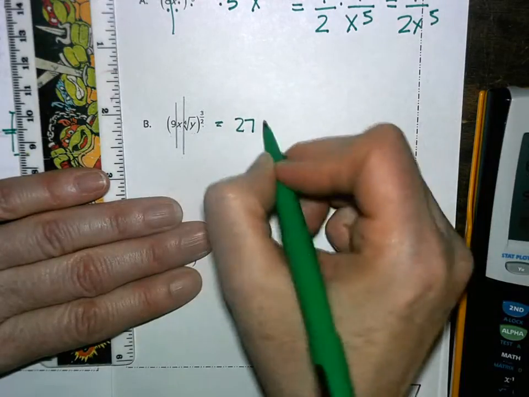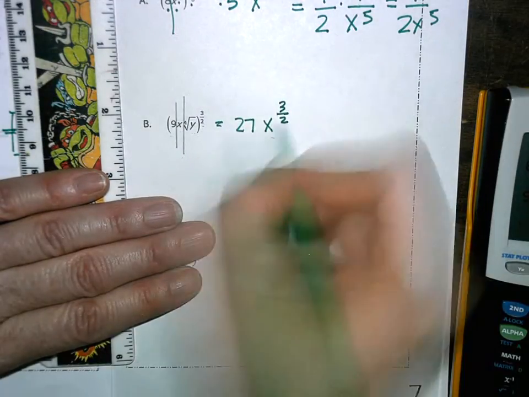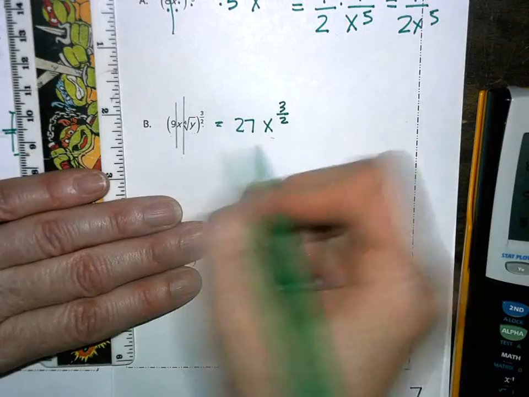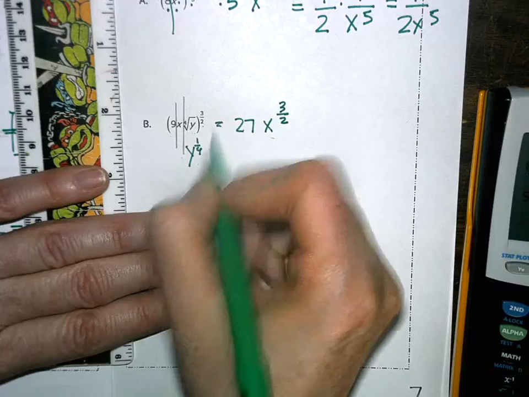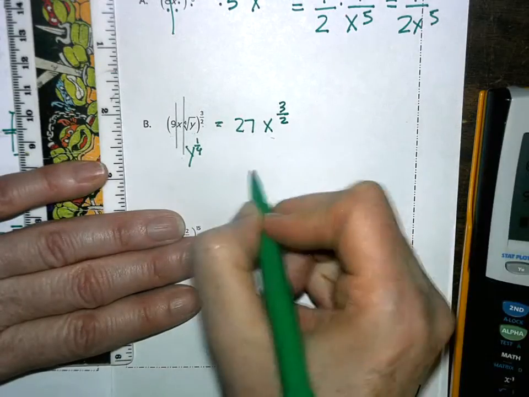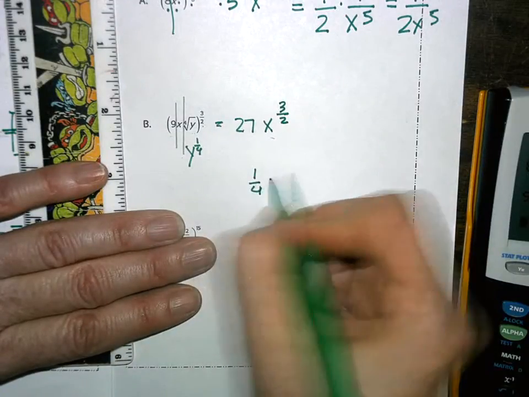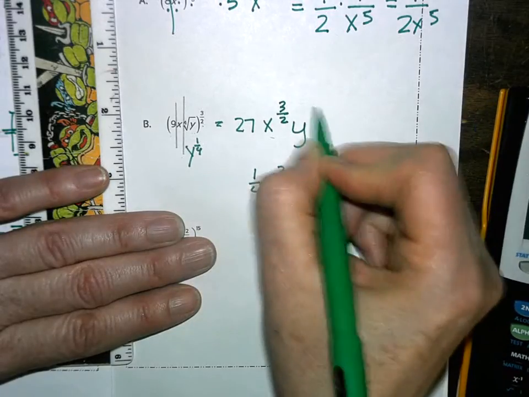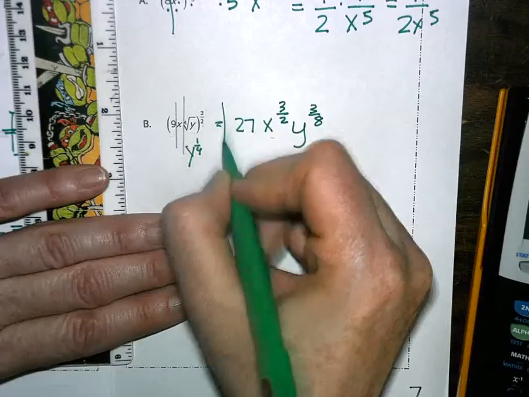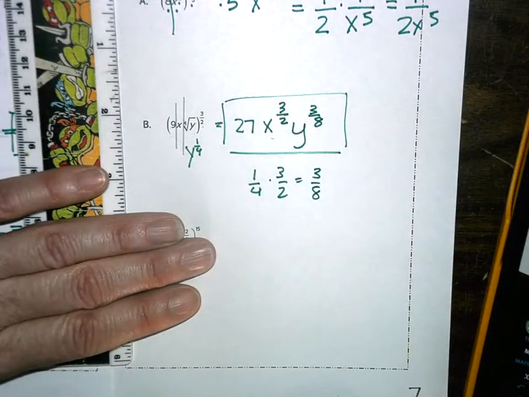X to the 3/2 is just x to the 3/2 because you multiply 1 times 3/2. Now y, let's rewrite that. I have y to the 1/4 taken to the 3/2. So I'm going to multiply 1/4 times 3/2, which is 3/8. Y to the 3/8. And that's your final answer.